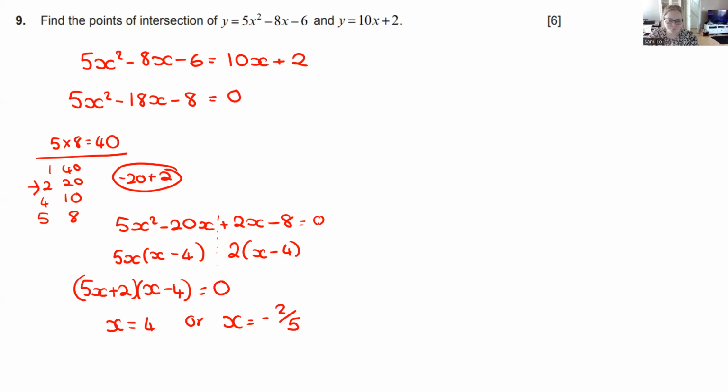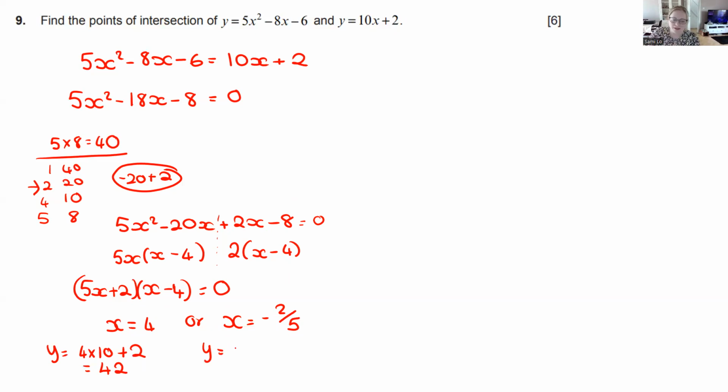That's done. Once we're at this section now, we're just subbing in. So when x is 4, let's write y equals 4 times 10 plus 2, which then gives us 42. Or when x is minus 2/5, a little bit more difficult.